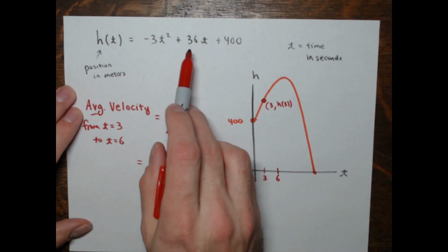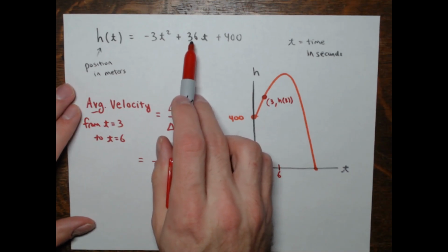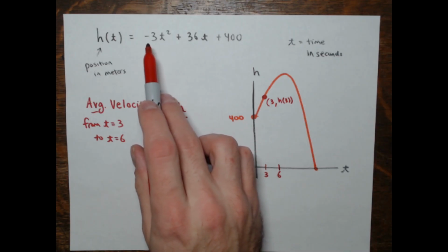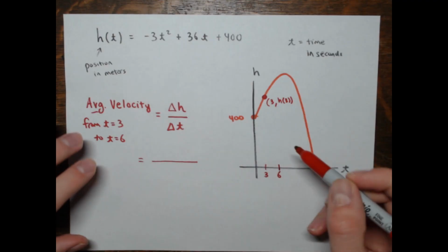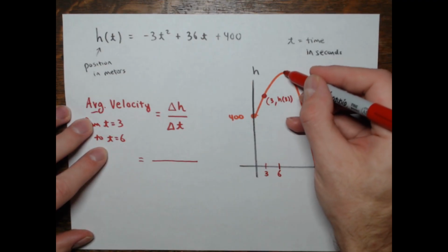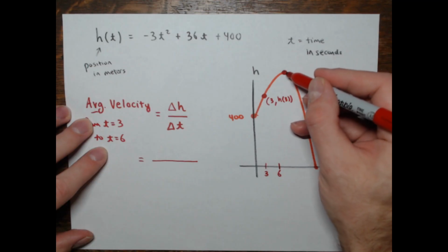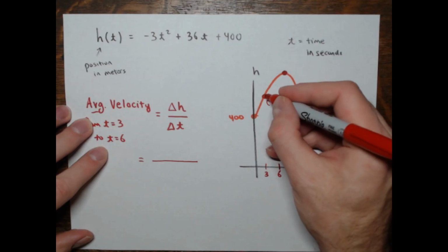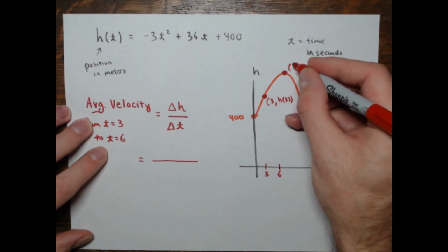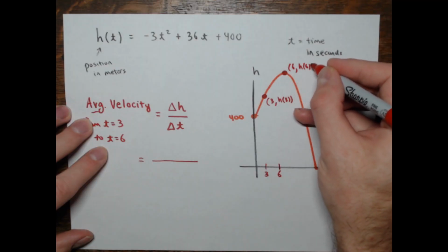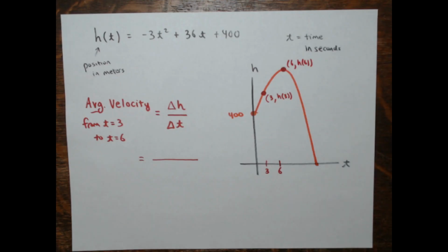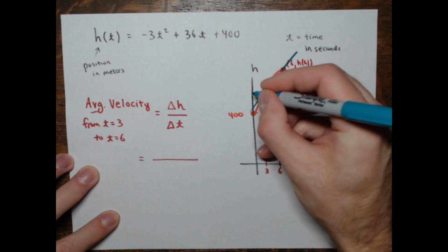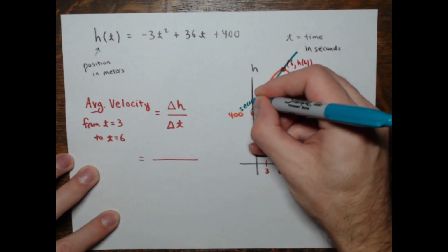Now knowing what I know about quadratics, the opposite of b, negative 36, over 2a, that'd be negative 6. Negative 36 over negative 6 is positive 6. That's where the highest point of the rocket is going to be, at 6 seconds. But anyway, I plug in 3, I plug in 6, you get (6, h of 6), and the average velocity is the slope of this line, which is a secant line.